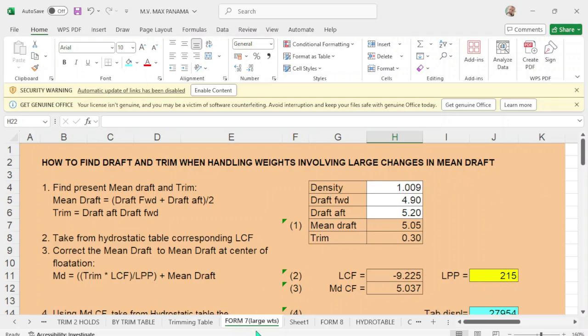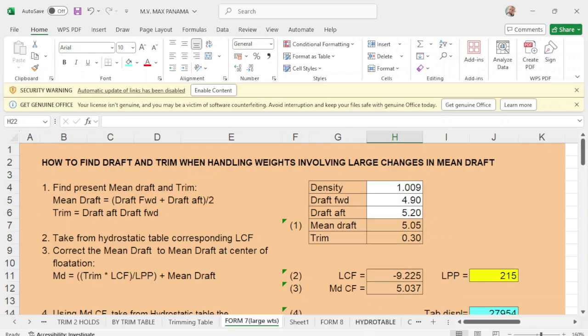This is form number 7 when you're handling large weights. The density is 1.009, the forward draft is 4.9, the aft draft is 5.20, and the mean draft is 5.05.